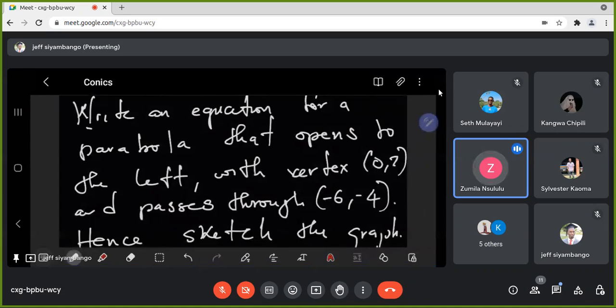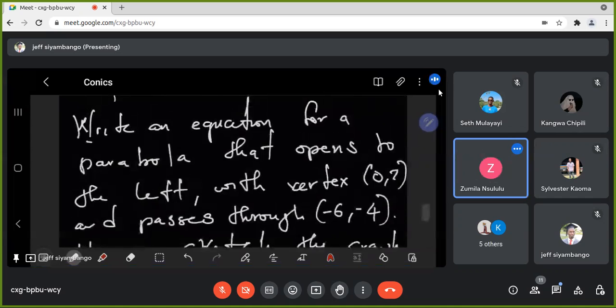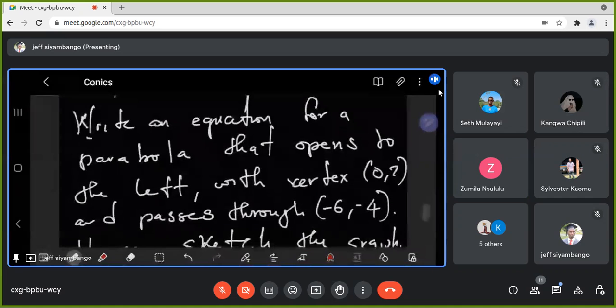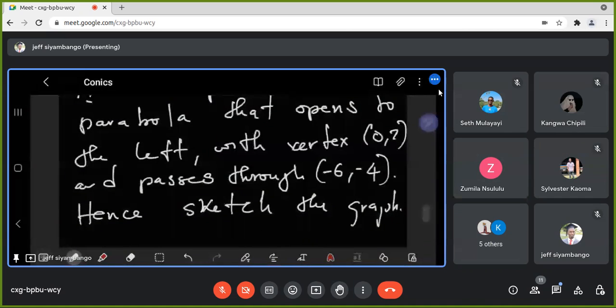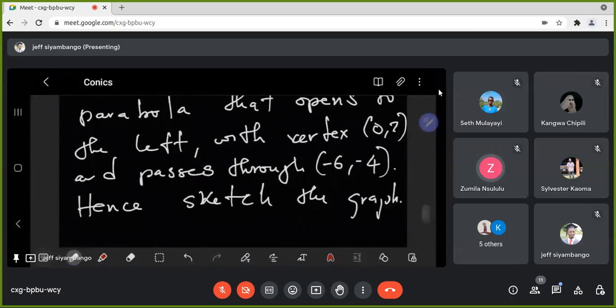Write an equation for a parabola that opens to the left with the vertex at 0,2 and passes through -6, -4. Hence, sketch the graph.